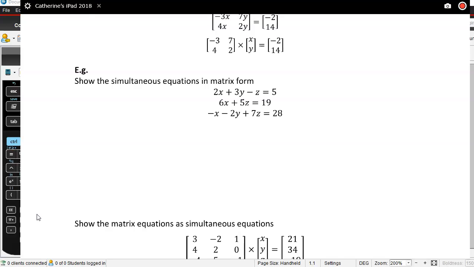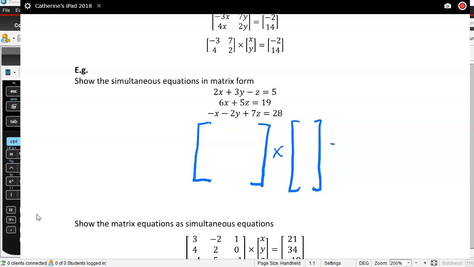Okay, so I'm going to have, first off, a 3 by 3, a 3 by 1, and a 3 by 1. This first row, I'm going to have positive 2, positive 3, negative 1.